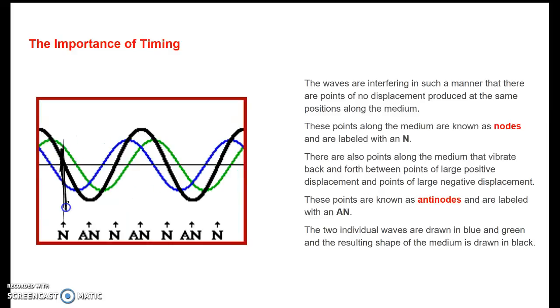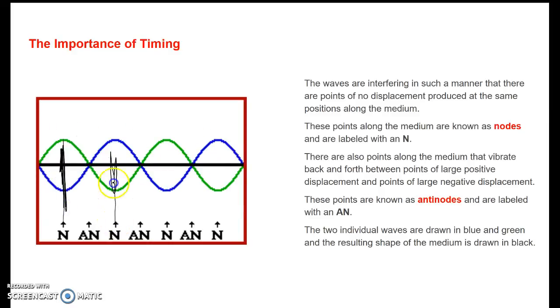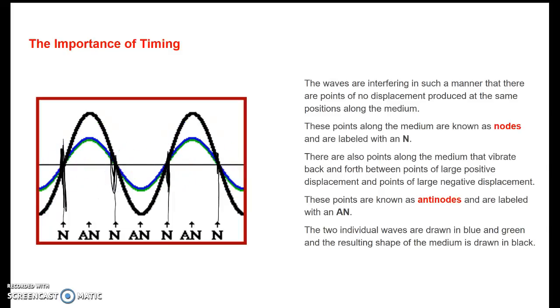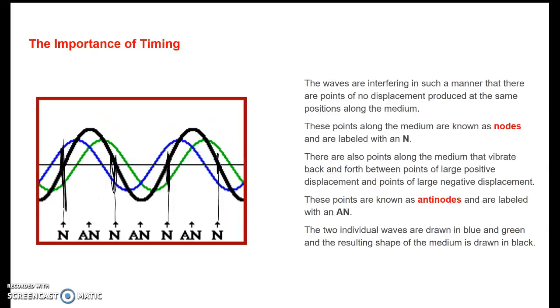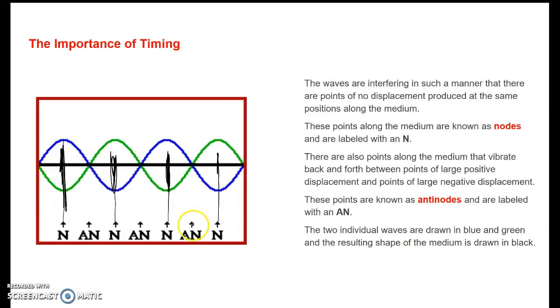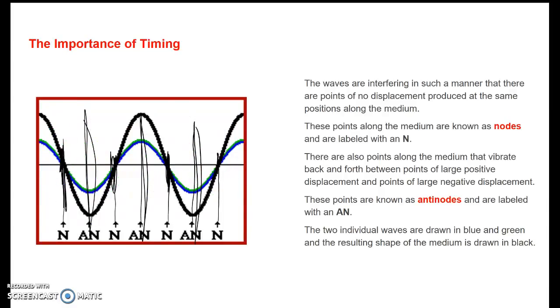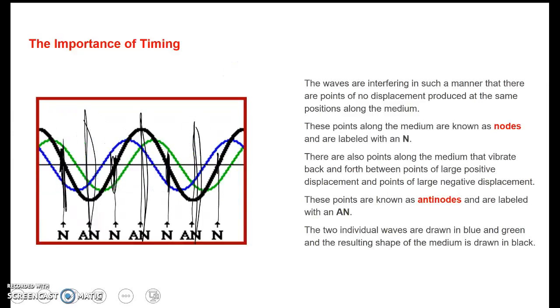These are nodes right here, here, here, and here. There are points that vibrate back and forth with a large displacement, and that's where we have really good interference. And these are our antinodes, okay? So nodes are where we have completely destructive interference, and antinodes are where we have completely constructive interference. So those are the two things we look at with the timing.